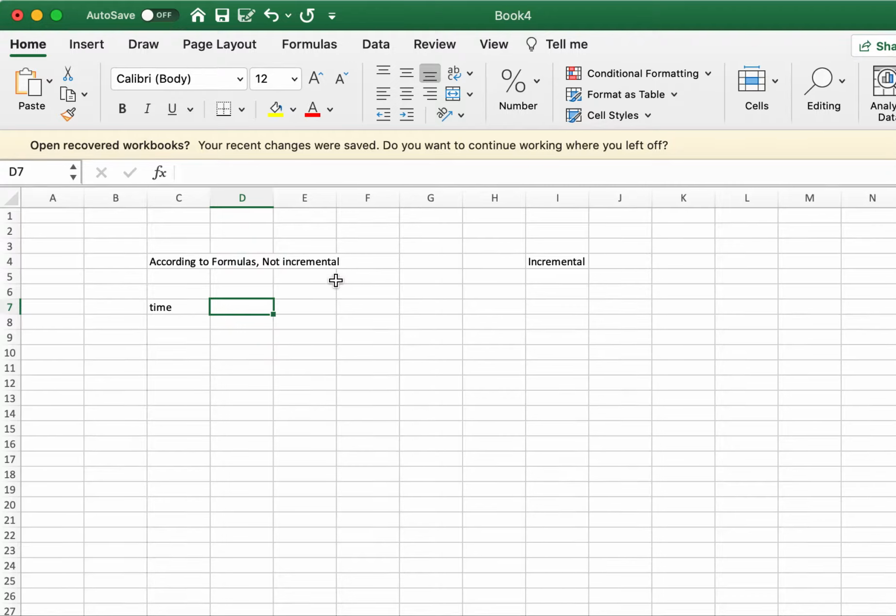All right, so we'll have a column for time, which is important. And then we want a column for acceleration, velocity, and position. Now our time increments are going to be 0.05, so I'm going to put that in and then start counting by 0.05s.